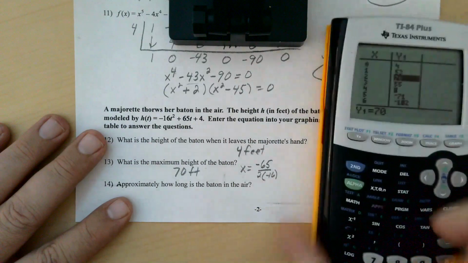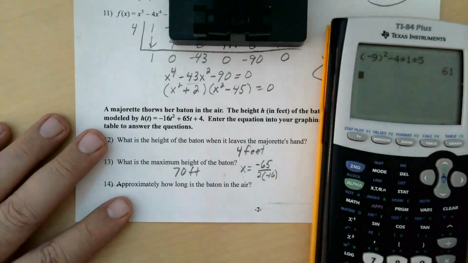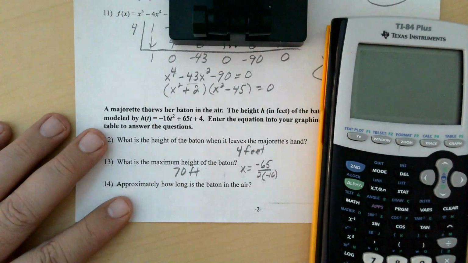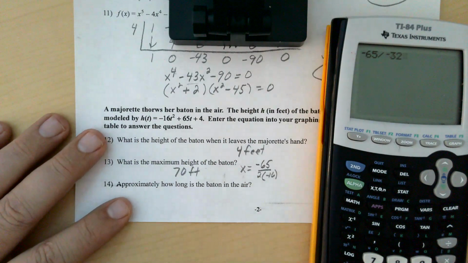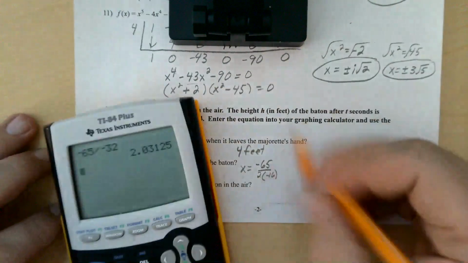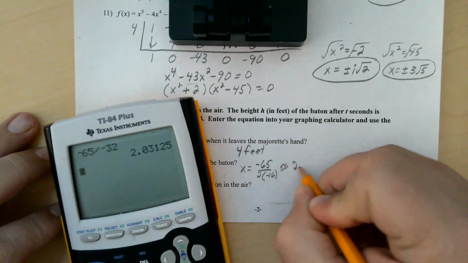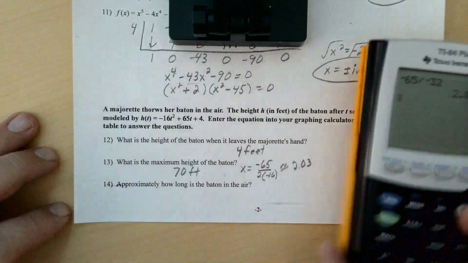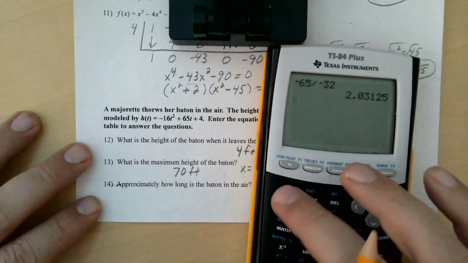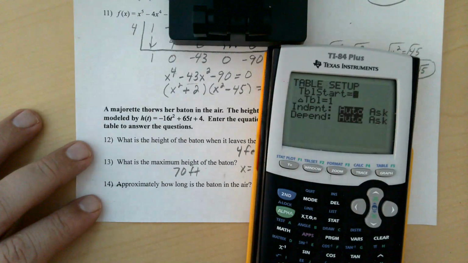When I calculate that, it's going to be super close to a 2, but not quite. 2 times negative 16 is negative 32. So when I do that, I see that it's about 2.03 seconds.